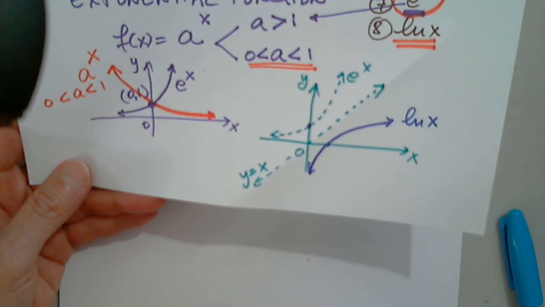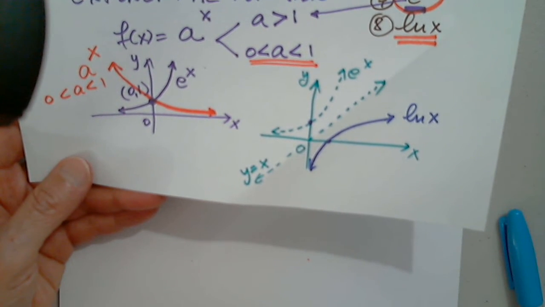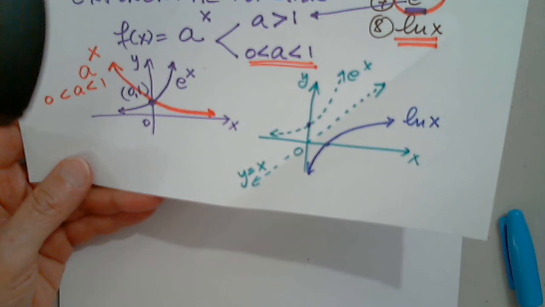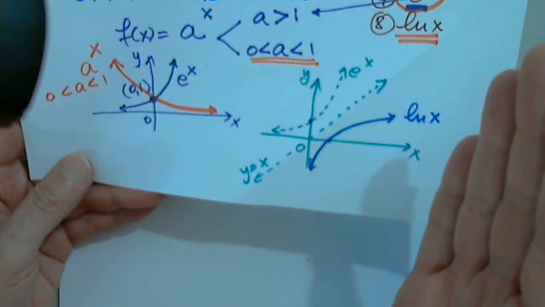Let's look at the graph and identify the domain of natural log. So your domain would be non-inclusive of 0 to infinity.